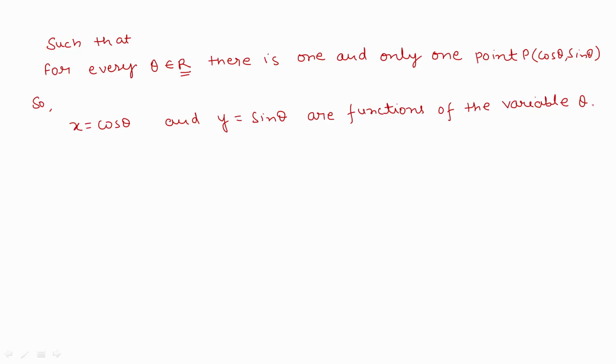The requirement is that for every theta belonging to the domain, there must be a unique x belonging to the range, and so is the condition for y is equal to sin theta. Sin theta and cos theta fulfill all the conditions. So these are the functions, and now we want to find the domain and range of sin theta and cos theta.